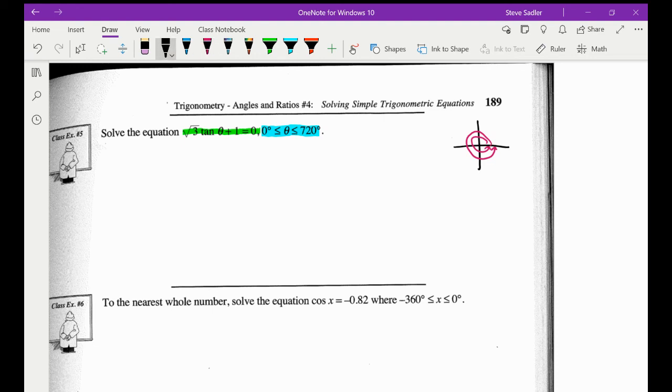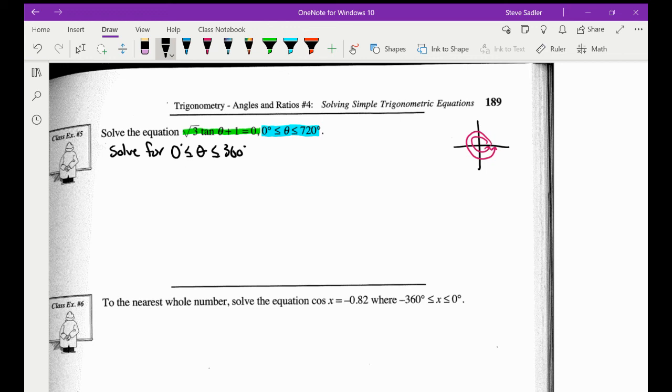So first we're going to solve for 0 to 360. We're going to solve that the way we normally do, as if we are looking at one rotation for our domain, 0 to 360.